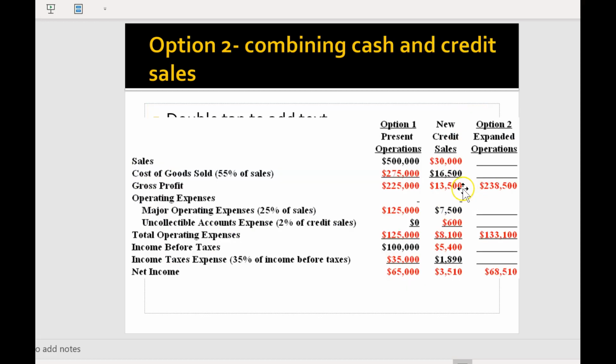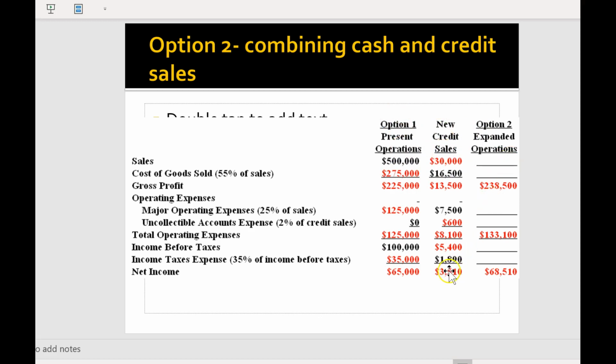So what is option two? Option two is basically option one plus credit sales, right? Because option two is extending credit to customers based on our original status. So option two is basically adding the two, option one and credit sales, together.